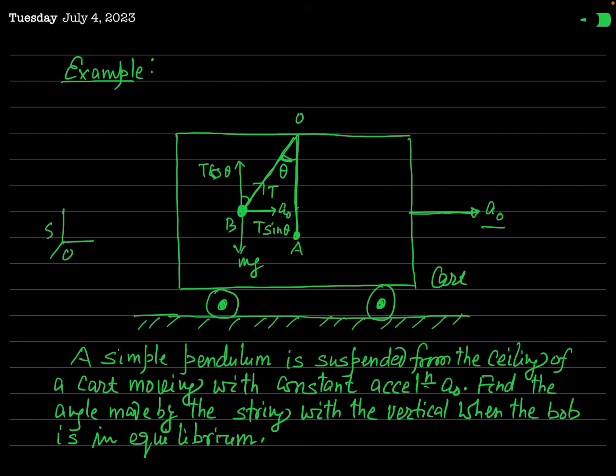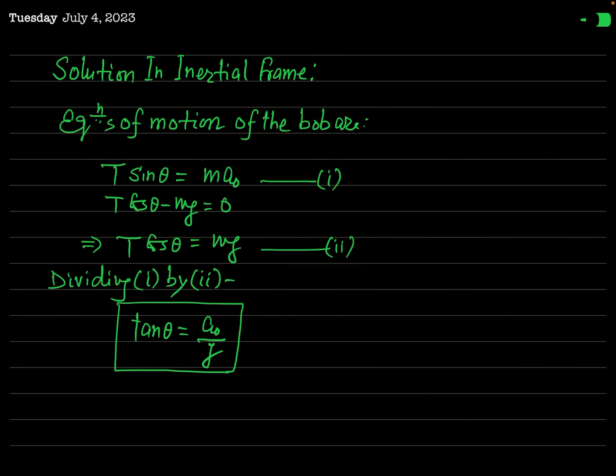When you talk about the solution in an inertial frame, what will be the forces acting on this bob? The first force is mg, which is the weight of the bob. The second one is the tension of the string, and this angle is theta.